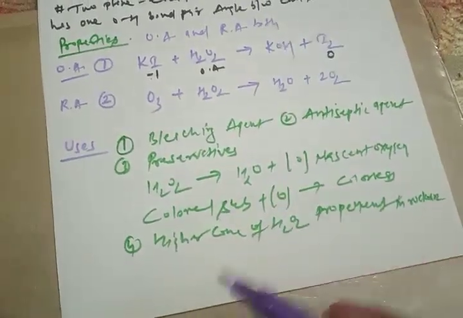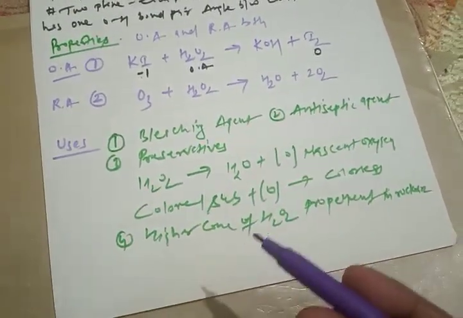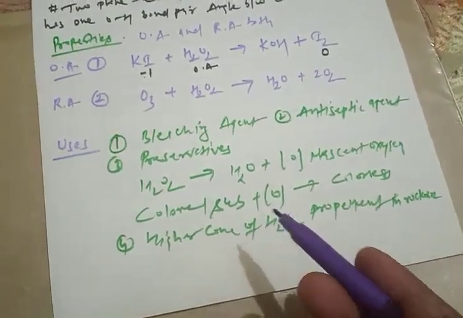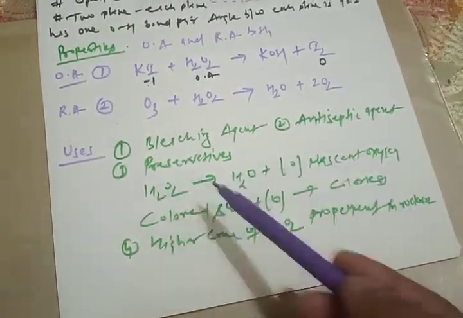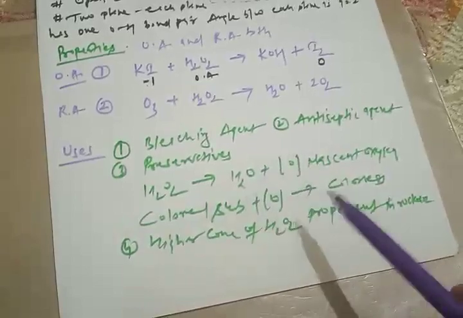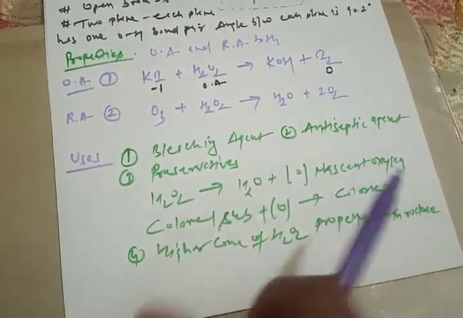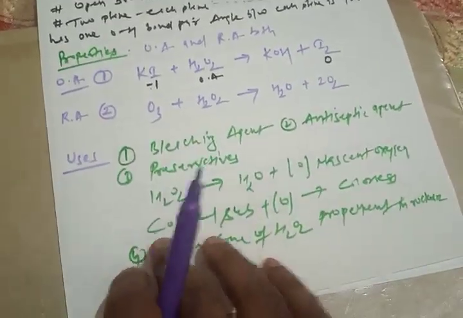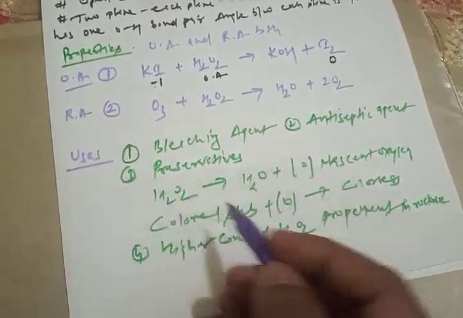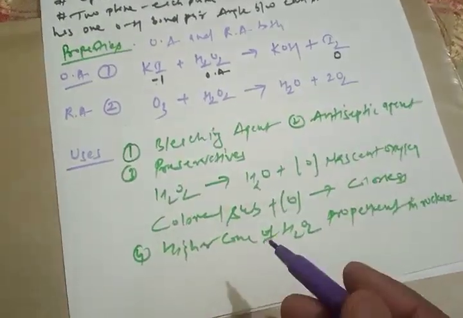So the ozonized water is helpful to sanitize the vegetables. This nascent oxygen property of hydrogen peroxide is very useful. So this is very handy. Sodium hypochlorite is also there. Earlier it was also used for sanitizers, but for vegetables it can act very strongly.